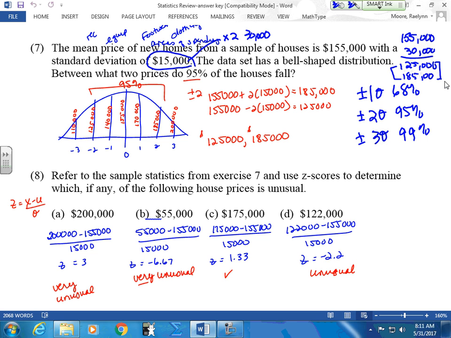Remember, we used plus or minus 2 to be unusual. We use plus or minus 3 to be very unusual. Because if you think about their curves, the curves go this way. We kind of exaggerate them, but they go this way. The plus or minus 3 are way, way, way out here. The plus or minus 2s are way out here, and the 1s are in here somewhere.